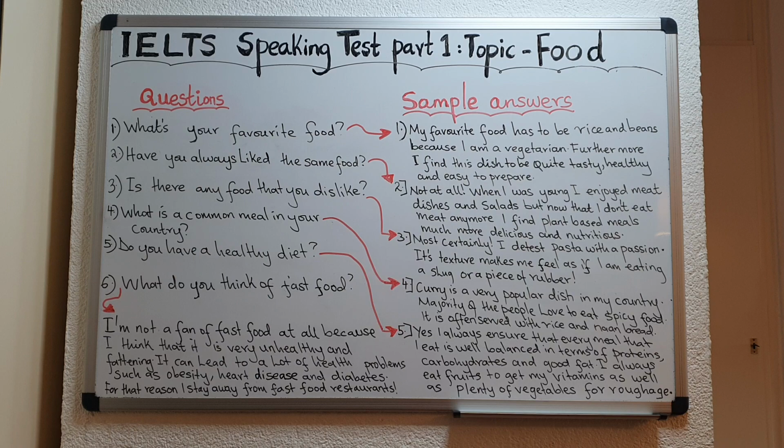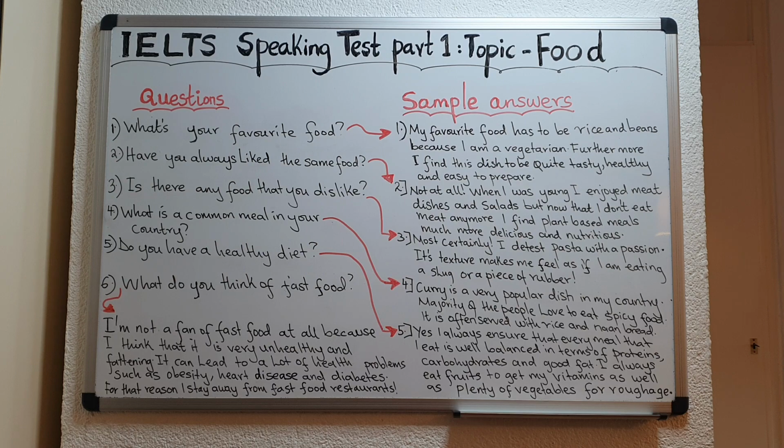Okay? Now, in that answer, I have identified the meal, but that's not all. I have explained why people in my country love to eat it, and that is because it's spicy. But that's not all. I have explained how that meal is eaten, and that is, it is often served with rice and naan bread.